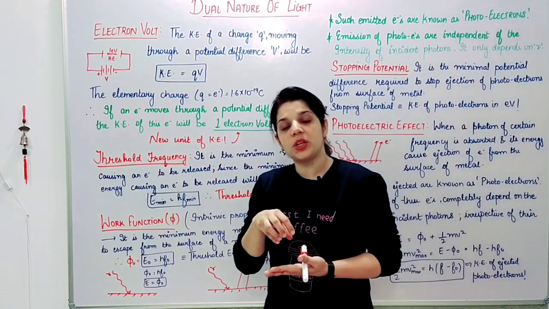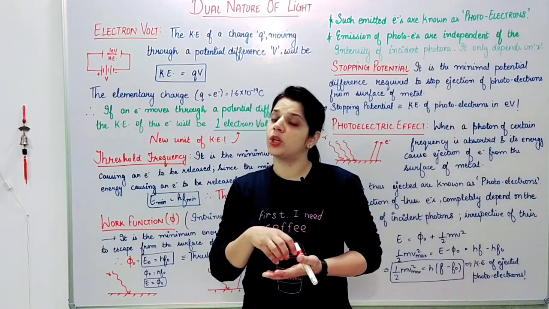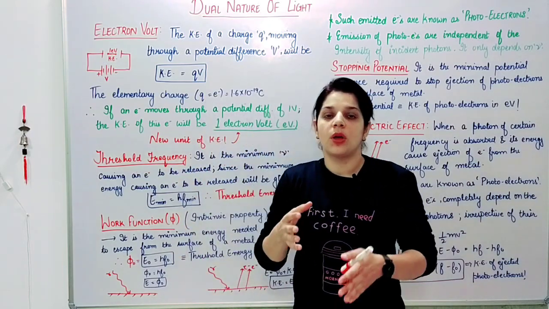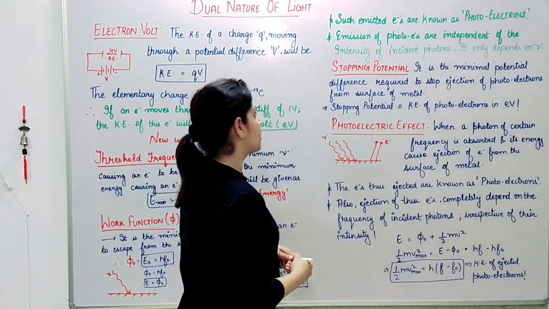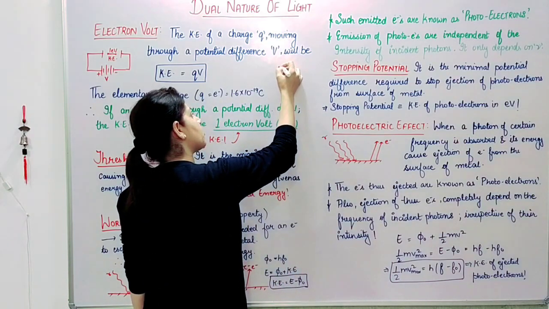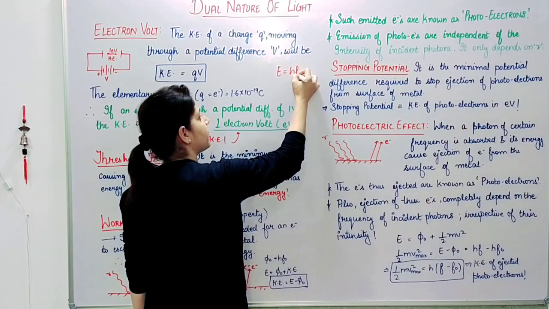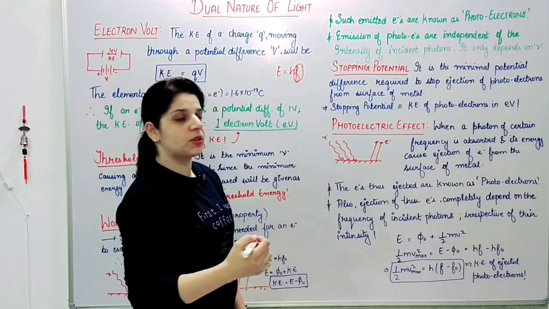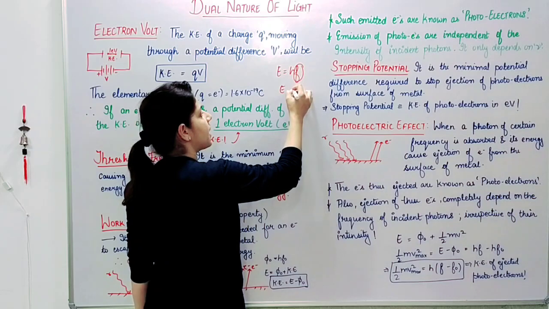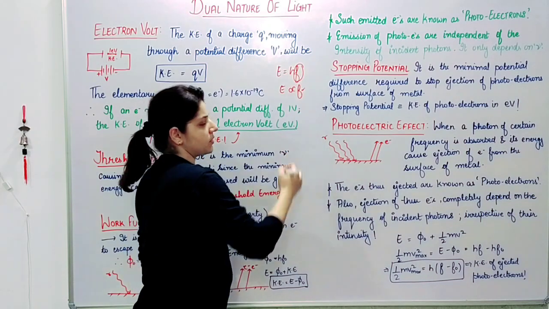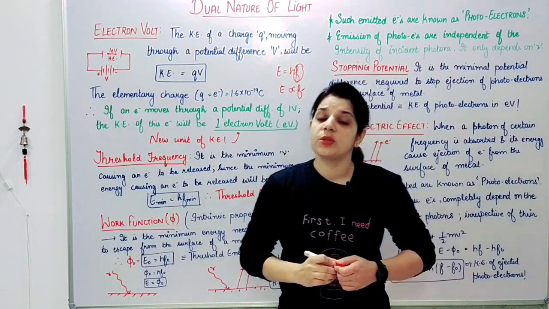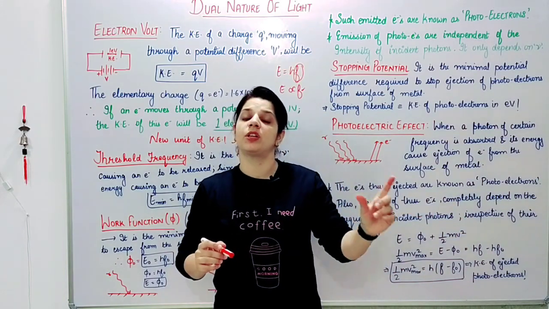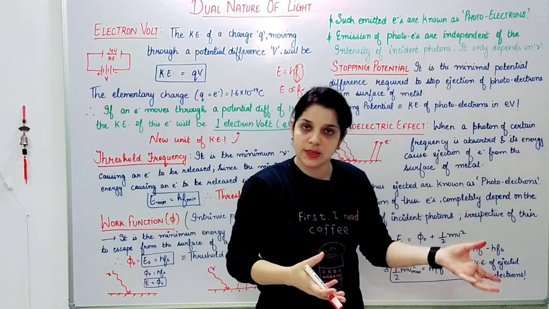So now we know what is excitation energy, we know what is ionization energy. So what is threshold frequency now? Whenever we talk about energy in the case of waves, energy will be given by hf, right? Where h is a constant, so energy is directly dependent on frequency. Now, we are always talking about the minimum amount of energy to excite an electron, the minimum amount of energy to make the electron escape the atom.